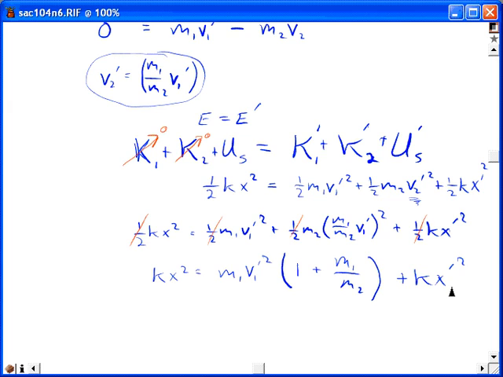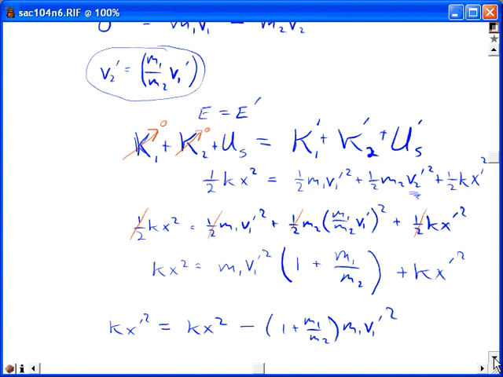So it would leave kx prime squared on the right, but I'm switching sides, so I got kx prime squared on the left, and then what was originally on the left is the kx squared minus this piece that I subtracted from both sides, which I feel like writing in this way. Just switch the order around a little bit. You can do that with multiplication.